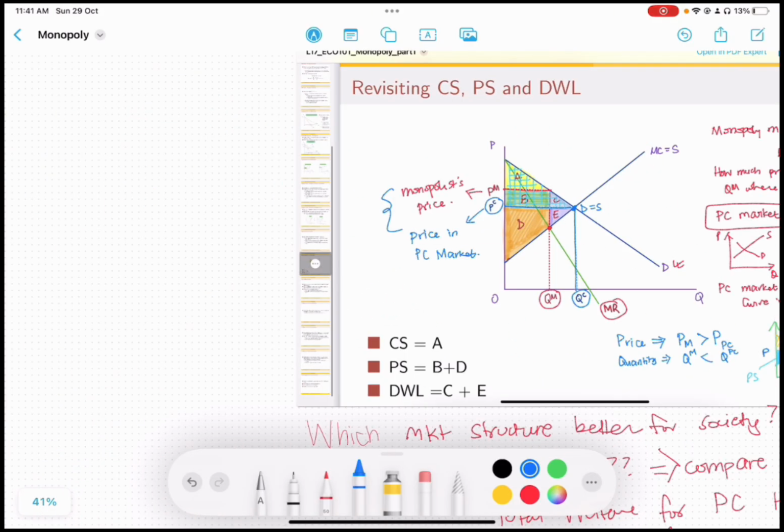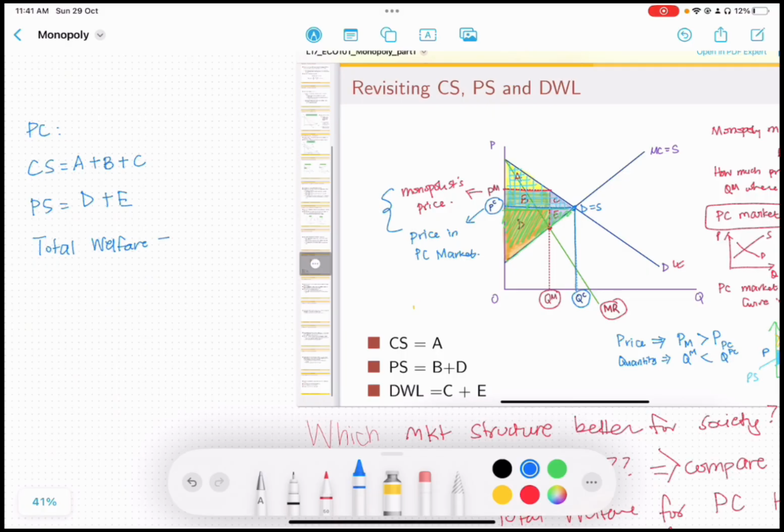What I'm saying is that under perfect competition, consumer surplus is areas A plus B plus C. And under perfect competition, producer surplus is all points above the supply curve but below the equilibrium price. So D plus E. Producer surplus is going to be D plus E. So what will be total welfare?